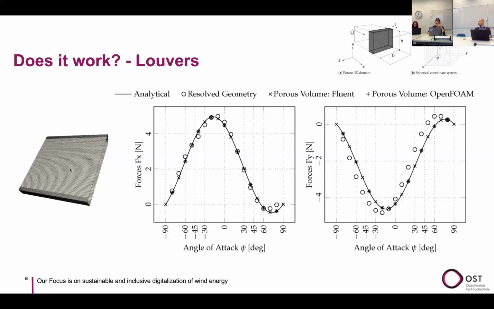So the geometry itself is not symmetrical. Obviously, the minimum resistance you would expect somewhere around the same inclination as the louver, which was 45 degrees. And yeah, here it gets close to 0, but not exactly.